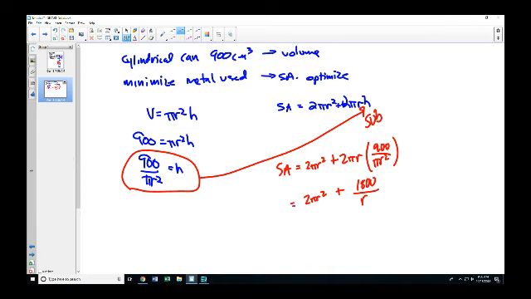What do you do with that? You take the derivative and set it equal to 0. Find the minimum. So you'll find the minimum value of the radius. You also need to plug the radius in to find the height, and you've got your can size.